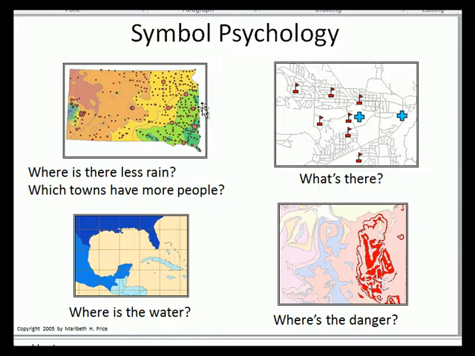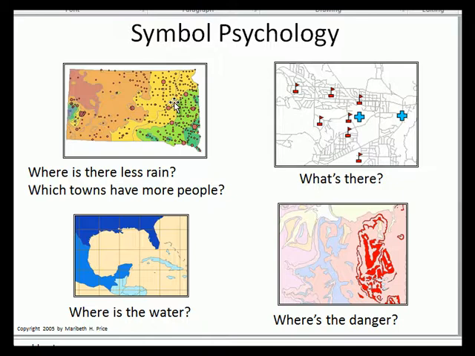So it's supposed to show that the darker areas have less rain than the blue areas on the right side, and it should be a little bit intuitive for red being dry or hot, that kind of thing. The bigger points should also be a little more intuitive, that they have more people.